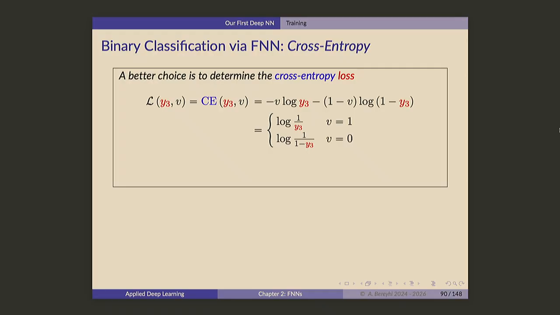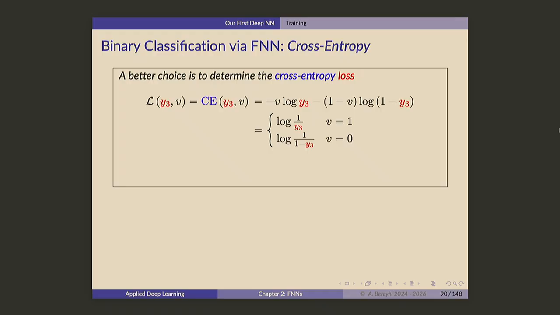Log of 1 over that probability. If v equals 0, your label is 0. The probability of the label being 0 is 1 minus y3, because y3 is giving you the probability of label 1. And log of 1 over that is again the cross-entropy. So it's always log of 1 over one probability. And what is that probability? The probability given by your neural network for the particular class that you have. Everybody's cool? Okay, great.